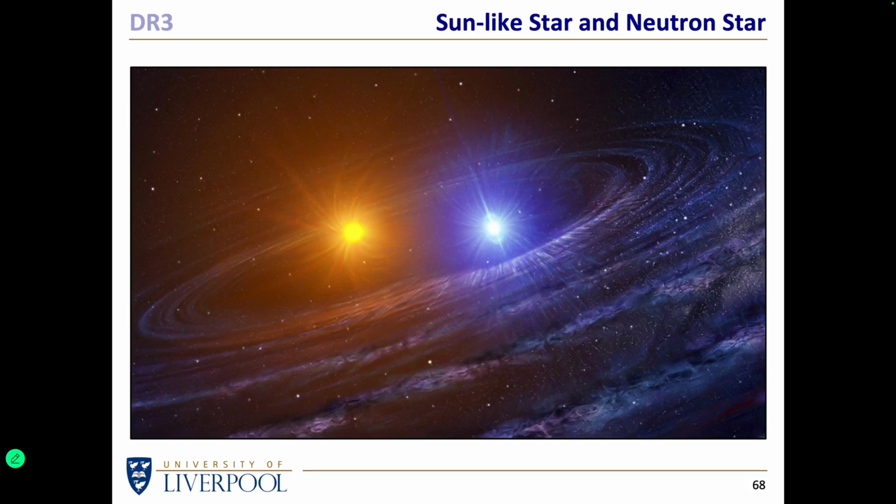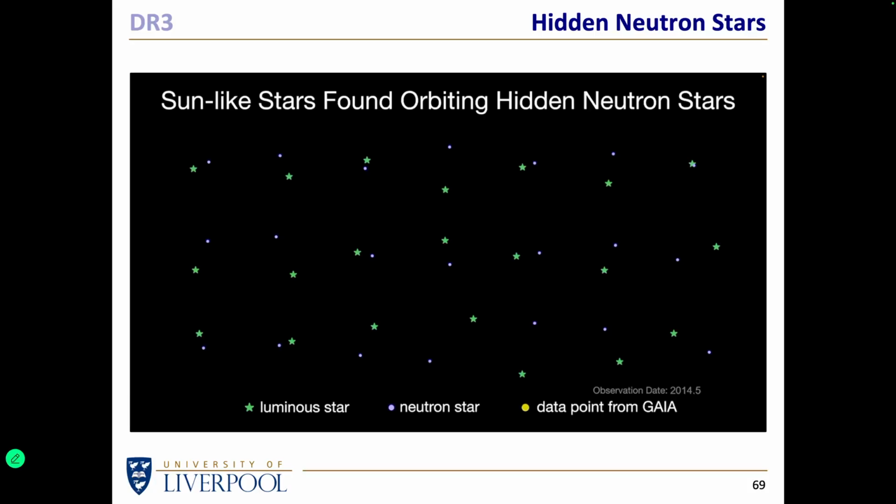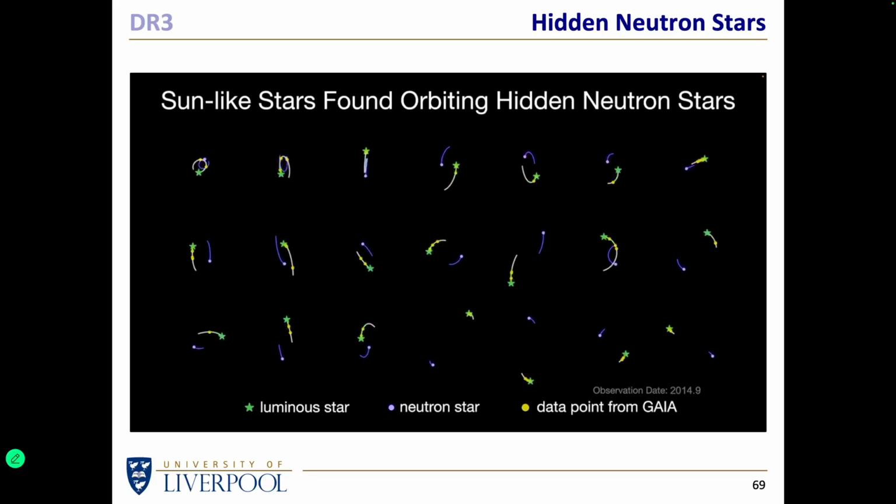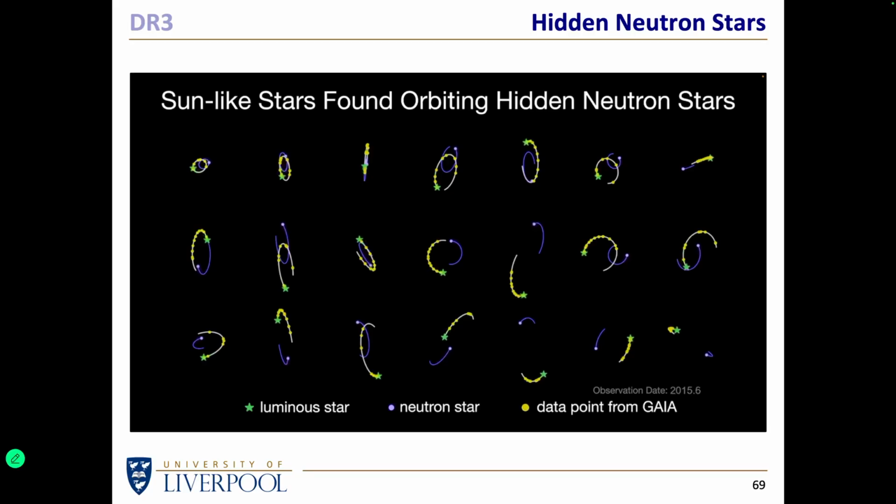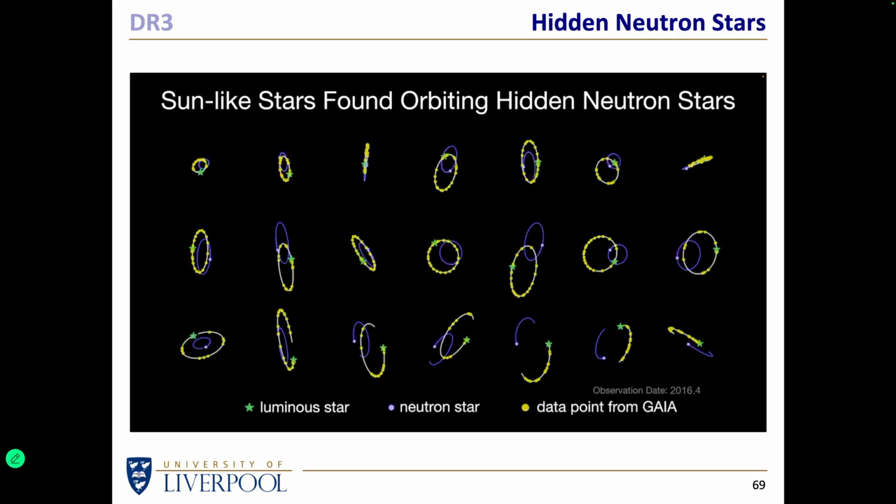Accidentally, we found a few other things as well. We didn't really know there were many of these out there, but there appear to be some sun-like stars that appear to be orbiting neutron stars. In other words, Gaia has found a number of stars. If we take out the motion of the star around the Milky Way and we take out the parallax that we use to get the distance, we're left with a few stars that appear to be very much like our Sun, but seem to be moving in circles or ellipses that imply that these suns are orbiting something else which appears to be much fainter.